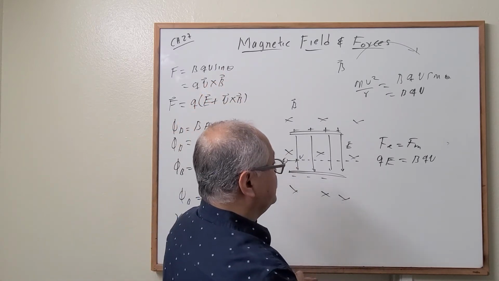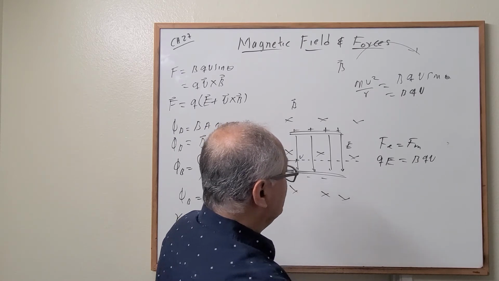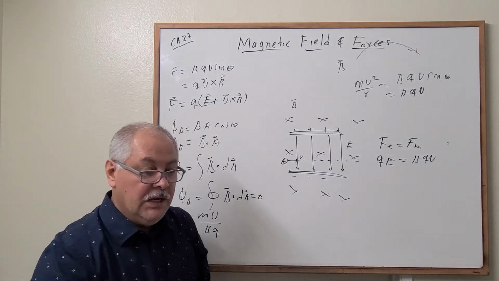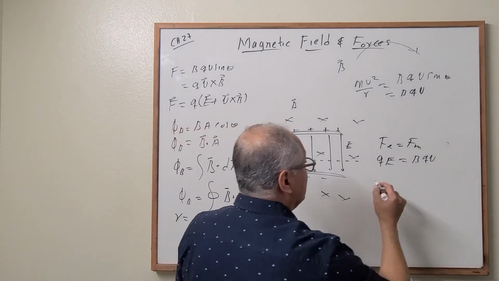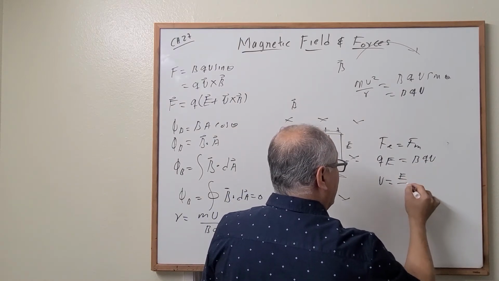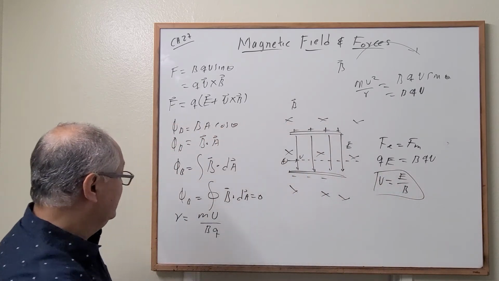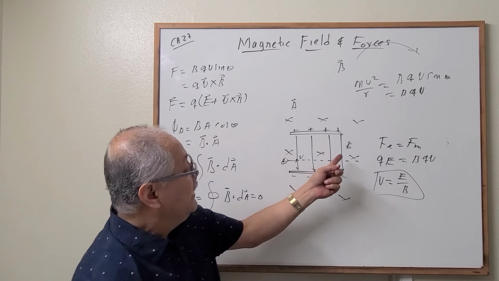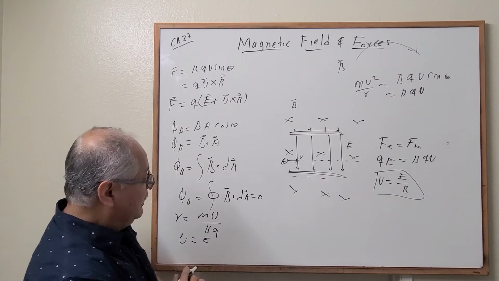From here, we can find the velocity of this charge. The charges cancel, so the velocity equals the electric field intensity divided by the magnetic field intensity. Okay, so we have this equation that is found when the electric force is the same as the magnetic force, and we have this situation, correct?